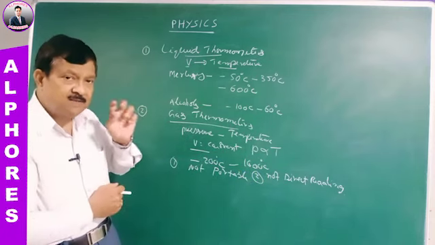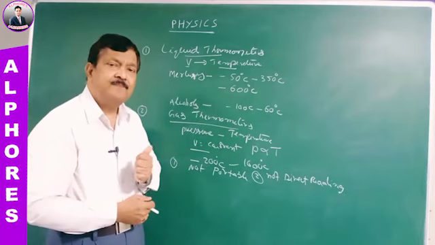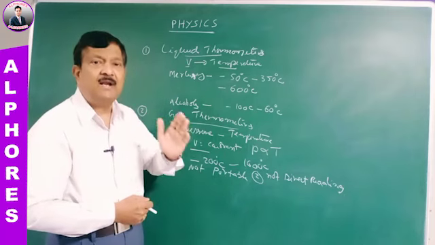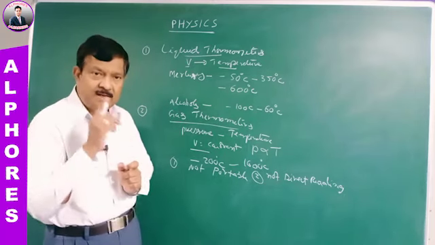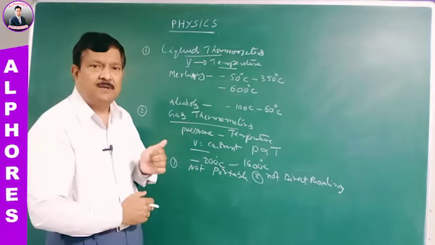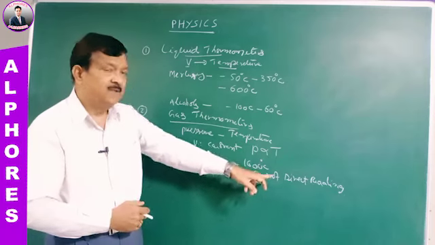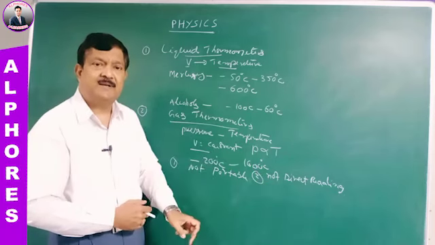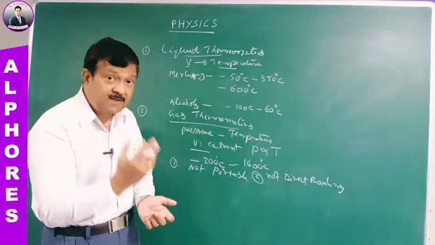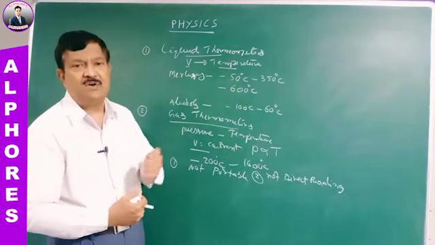So let us just revise those points. Advantages are that the range is very high and it is more sensitive, so more accurately we can measure the temperature. But the disadvantages are more important here. The instrument is not portable. You cannot take it from one place to another place. And number two, it is not a direct reading instrument, because simply by taking it out you cannot measure the temperature. It requires a laborious calculation to get the final value of temperature.